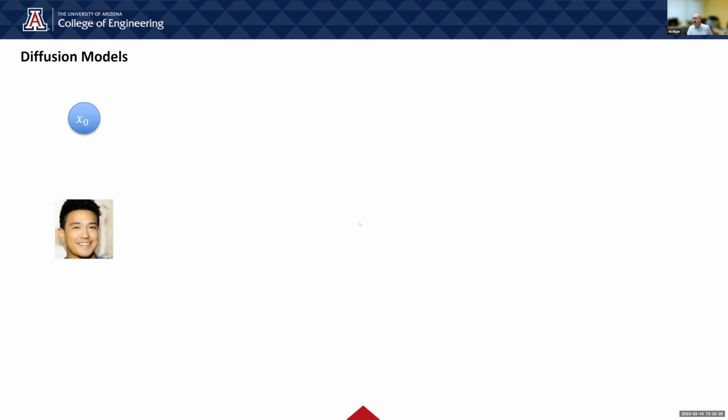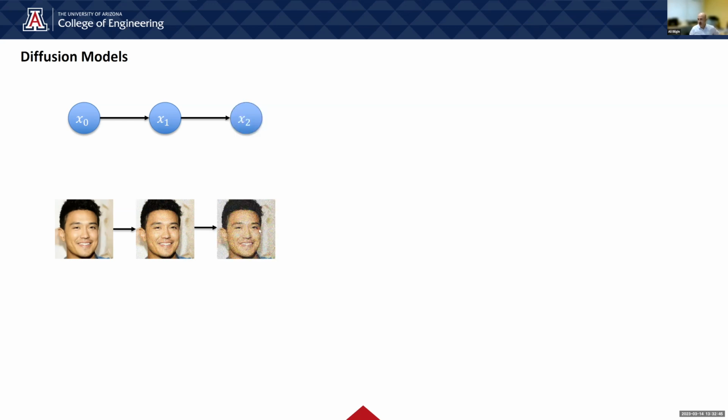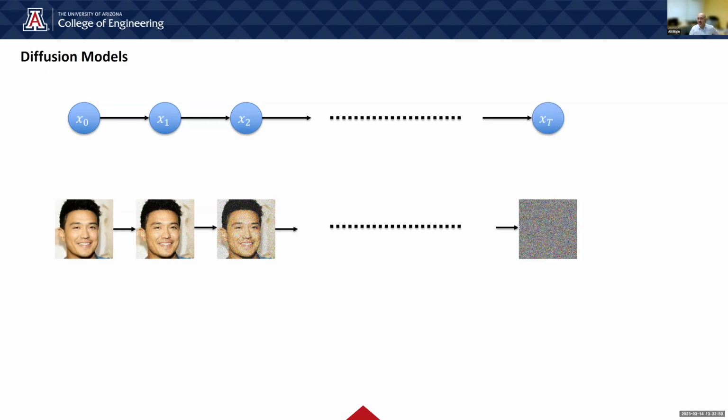So let's take a look at a little bit more of the details. Let's say that we start with an image, and this image is going to represent our state 0. Now, if we were to take this image and add some noise, we can generate a noisy version. And then we can add some more noise, generate an even noisier version. If we keep doing this for a number of steps, specifically T steps, at the end we are going to end up with an image that's essentially all noise.